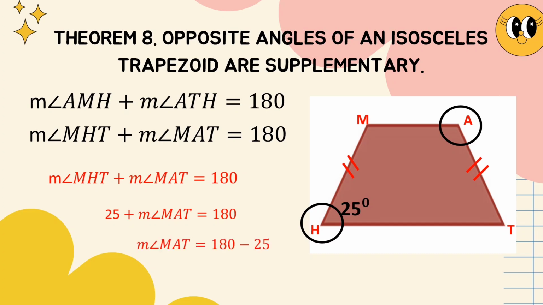Then after that, all you have to do is transpose 25 to the right side of the equation, so it becomes negative 25. Then subtract, so the final answer is the measure of angle MAT is equal to 155 because they are supplementary angles.